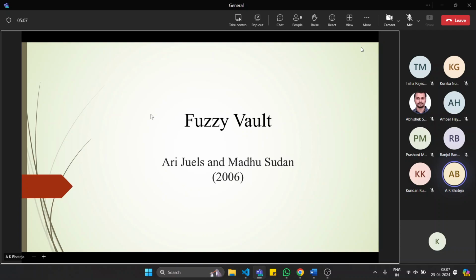So in the previous class, we discussed one crypto system, which is biometric based, called the fuzzy commitment scheme. In fuzzy commitment, we have seen that if a secret is there, it can be encrypted using biometrics, and the ciphertext is in the form of HC and delta.